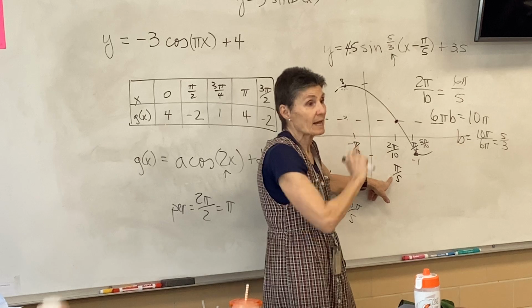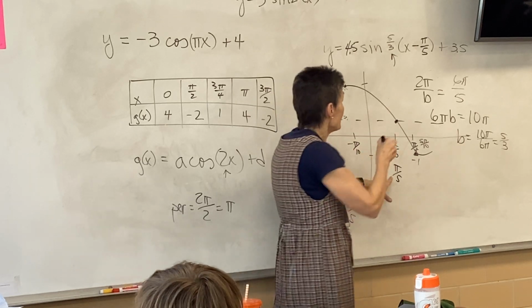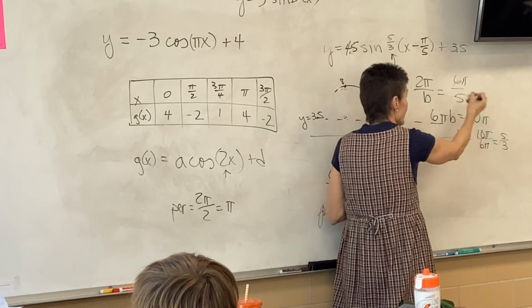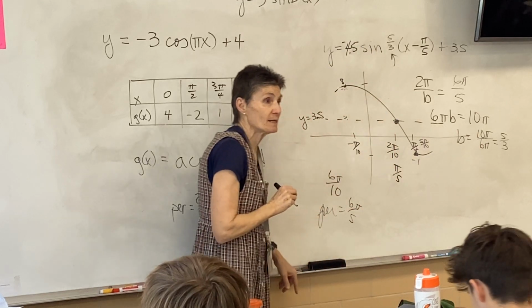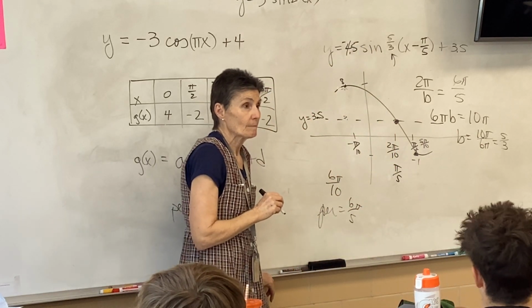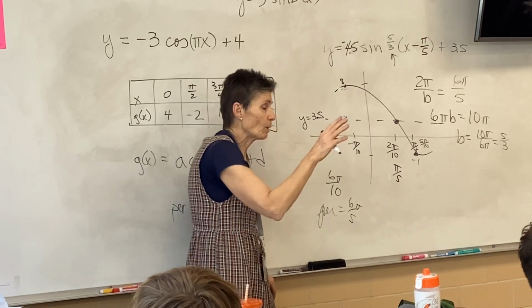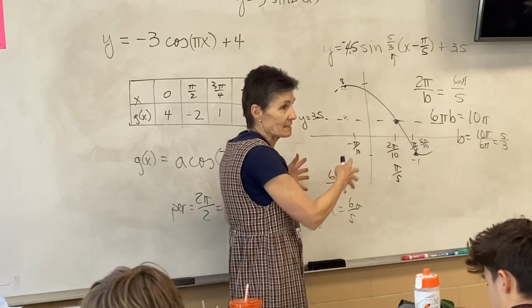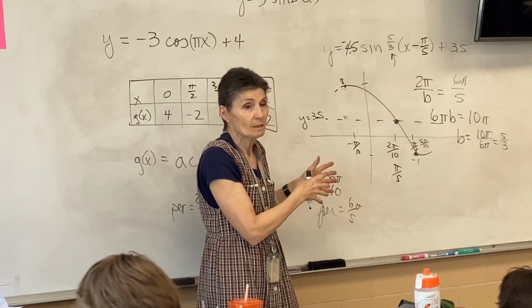So c is negative pi over 5. Furthermore, if I'm starting here and drawing a sine curve, then that 4.5 would have to be negative. Now, if you are confident that you started it somewhere else and got everything right, okay. But make sure that makes sense to you, because that's the way you're thinking about the problem.